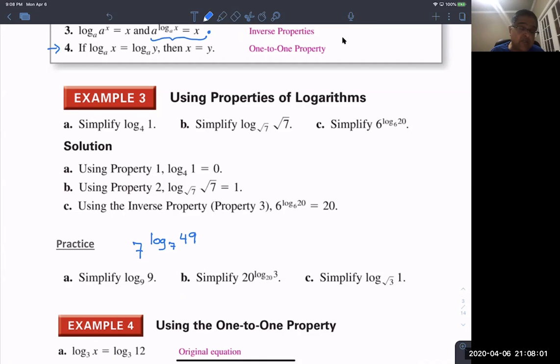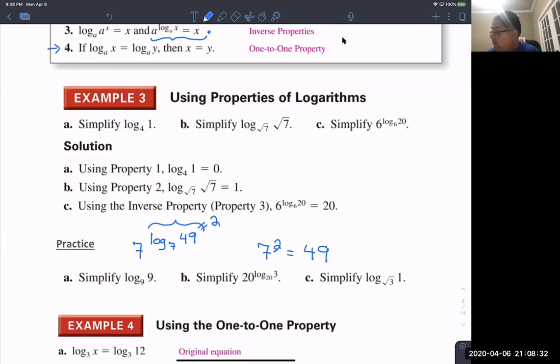The exponential function's domain is all real numbers. So we can simplify this. Log base 7 of 49 is 2, right? So we can replace that with 2 and get 7 squared, which is 49.